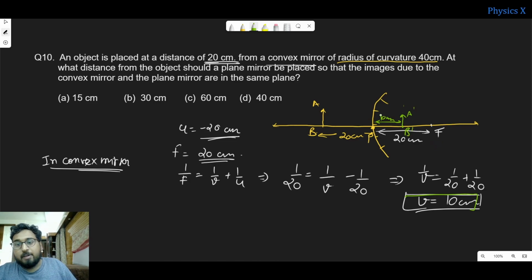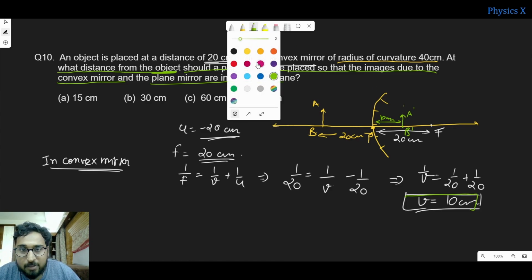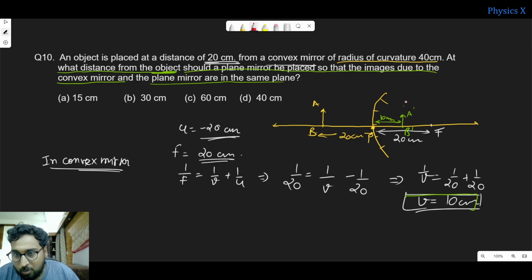Now he is asking at what distance from the object a plane mirror should be placed so that the images due to the convex mirror and plane mirror are in the same plane. So that means the image point is here. So here only the image due to the plane mirror should be formed.